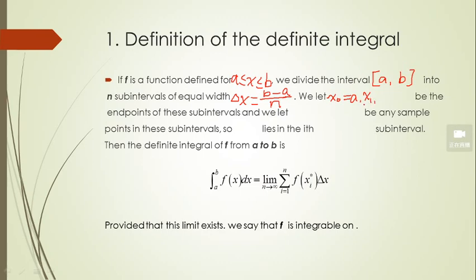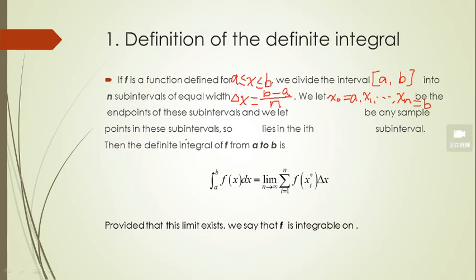What is x1? x1 is a plus delta x, right? And x2 is a plus 2 delta x, or x1 plus delta x, like that. And until the last one, xn. What is xn? xn actually equals b, right? We mark those endpoints for n subintervals.